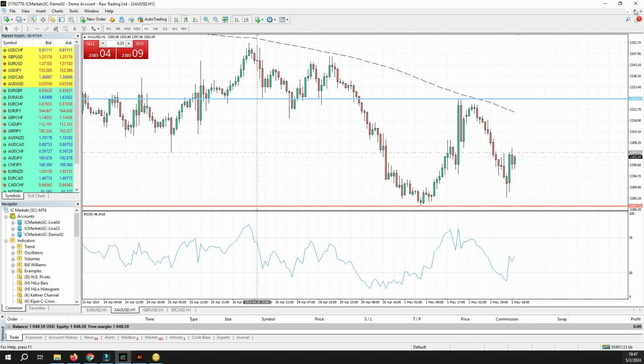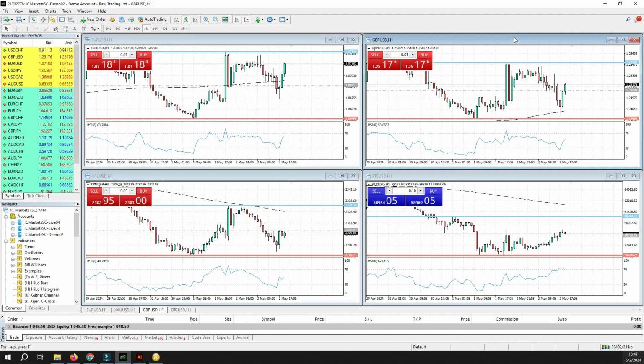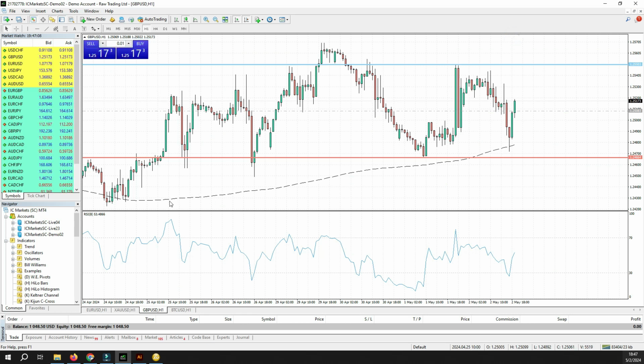Now I'm going to show you how to buy using this strategy. Every time the price is above moving average 200, what we are looking for is that the RSI will go below 30% and go a little bit deeper. On the way back, we are looking to enter the buy trade.